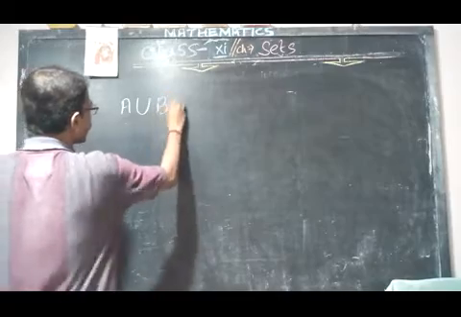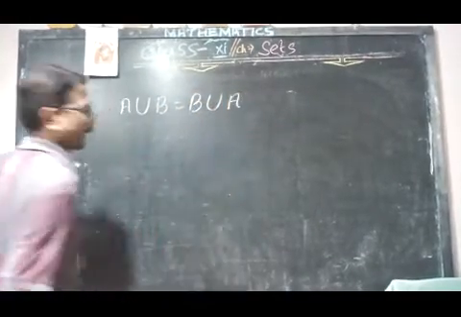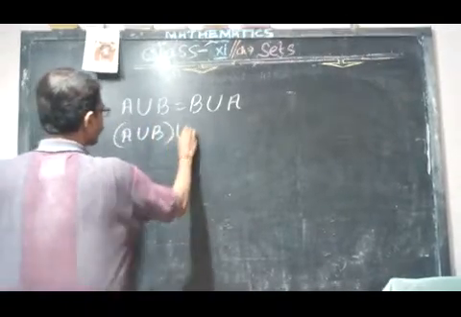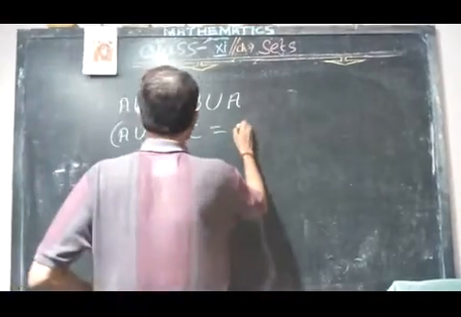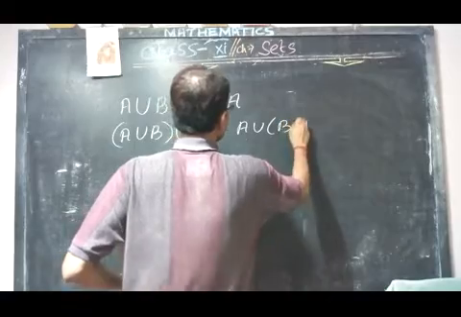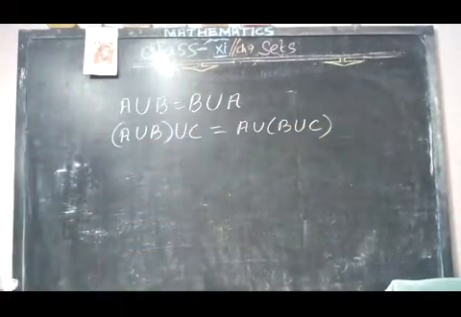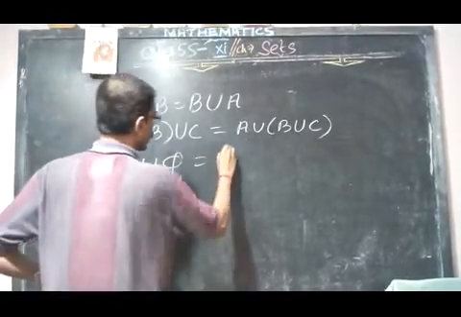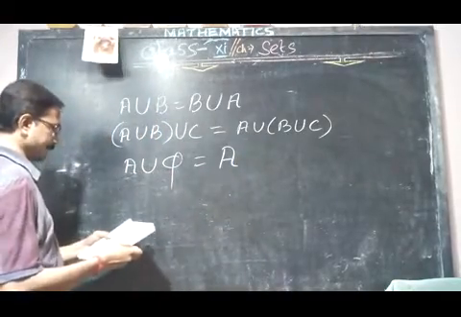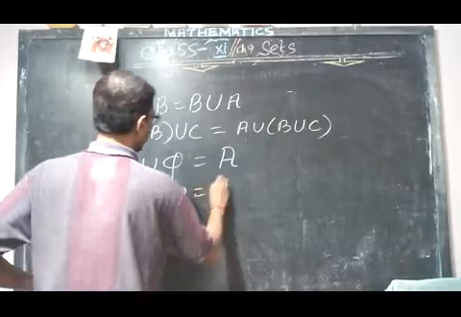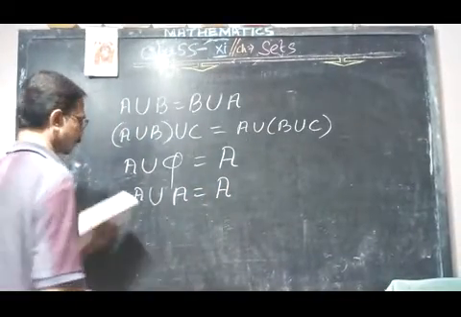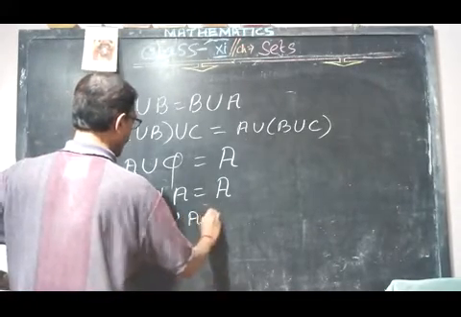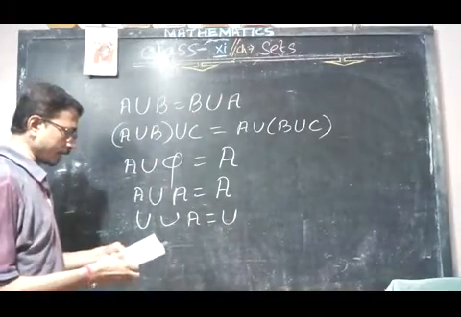A union B equals B union A. Next, A union B union C, where C is another set, equals A union B union C. A union phi equals A, and A union A equals A, and universal set union A equals universal set. Okay.